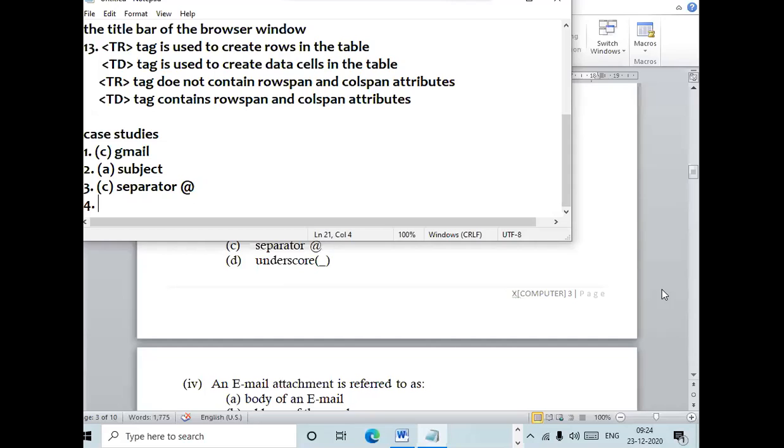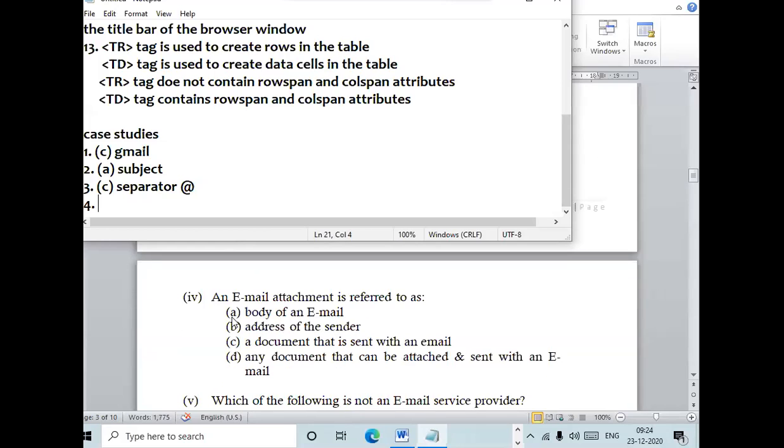Diljit, Manmeet, Deepak, Garav Sarpal, Amit Kalra, answers are visible. Notepad answers are visible. All right, all right. Next MCQ.